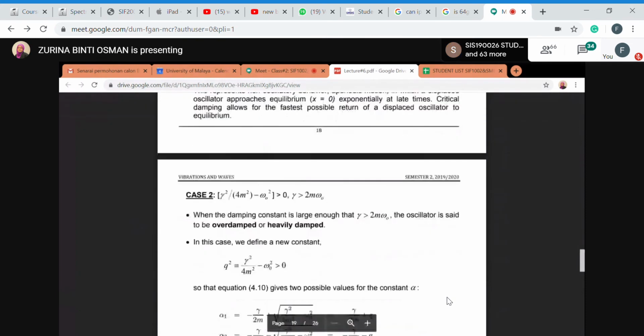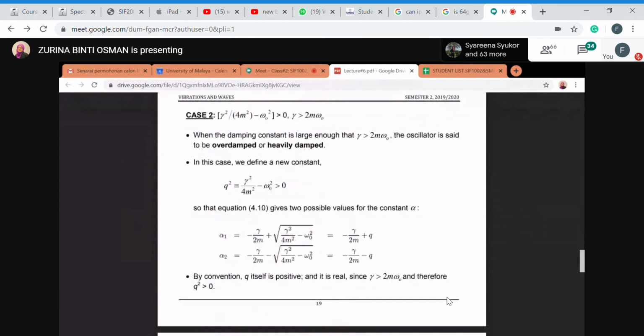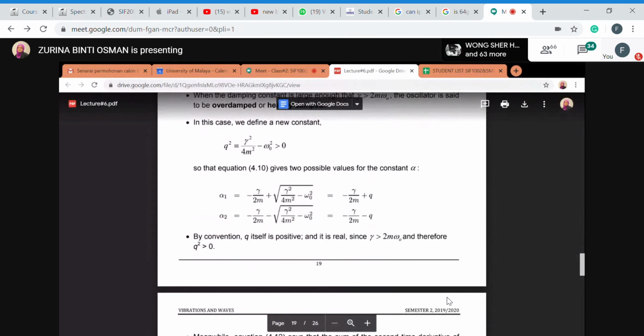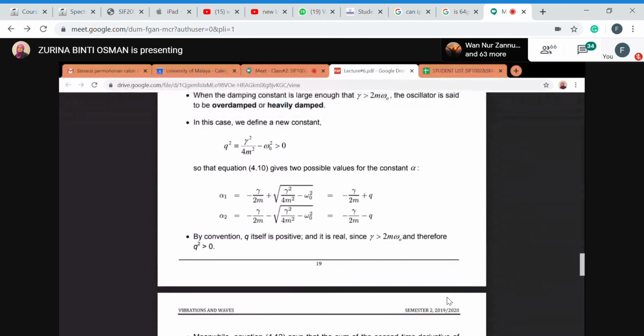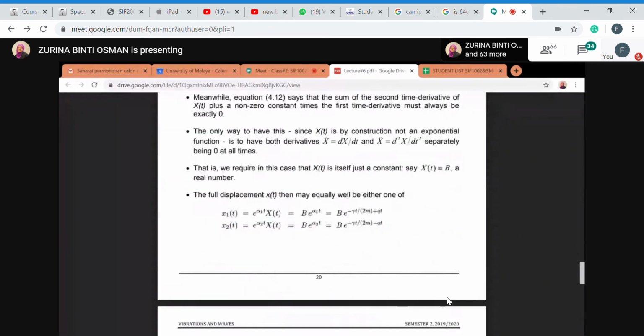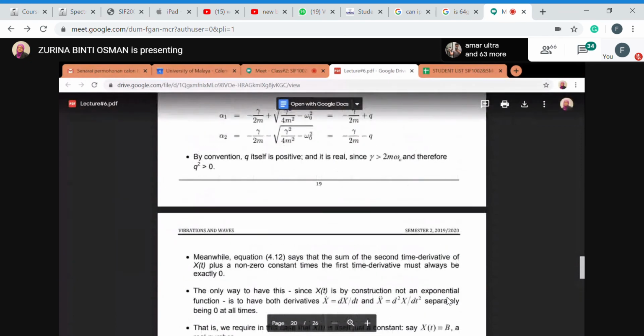For case 2, if gamma is greater than 2m omega naught, we call this over damped, or sometimes heavily damped. It involves a new constant q squared, equal to gamma squared over 4m squared minus omega naught squared, greater than 0, and also alpha 1 and alpha 2. Since we have alpha 1 and alpha 2, we have x1 and x2. To find the final solution, you add these two up.